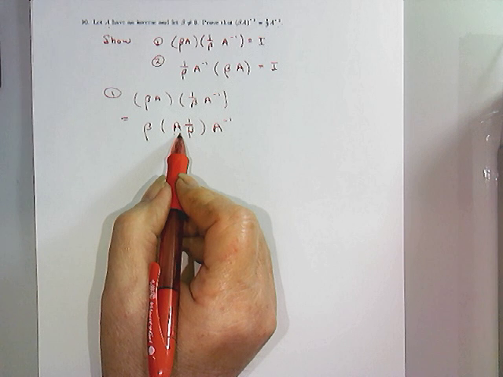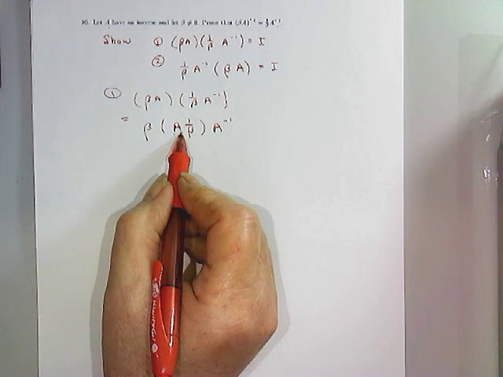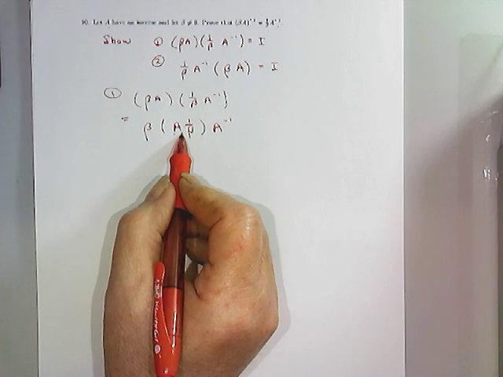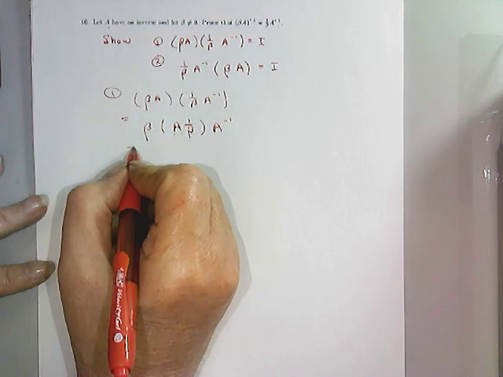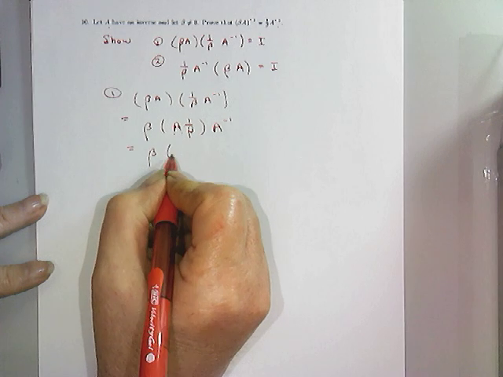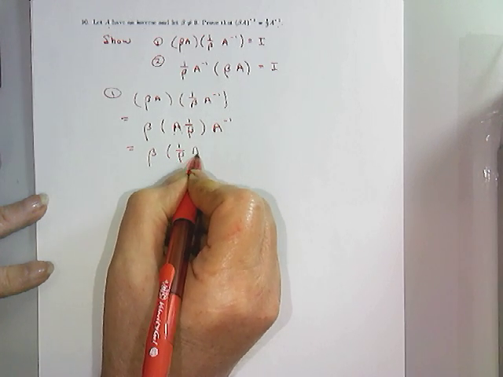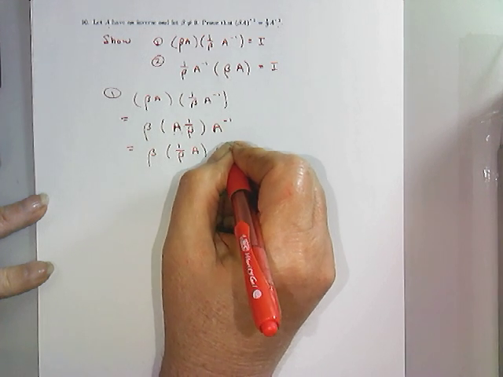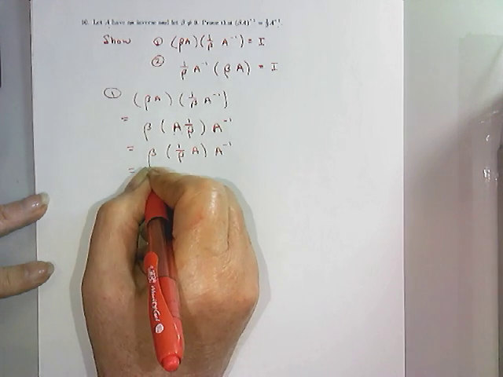In general, matrix multiplication is not commutative, but scalar multiplication is. And so this is equal to beta times 1 over beta times A inverse.